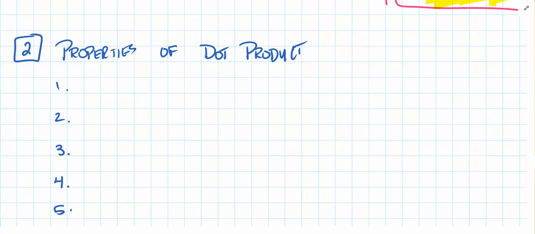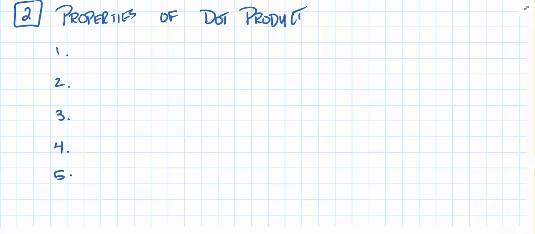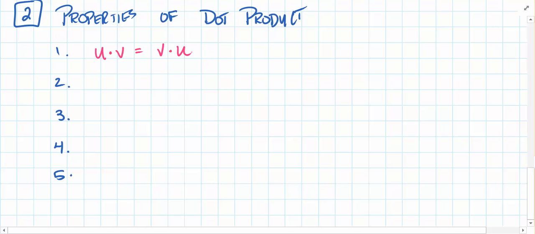All right, so there are 5 properties for the dot product that we need to be responsible for. We actually just saw 2 of them in the work that we just did. If we're given vectors u, v and w, and we'll say c is a scalar, then we've noticed that u dot v is the same thing as v dot u. So it's commutative.